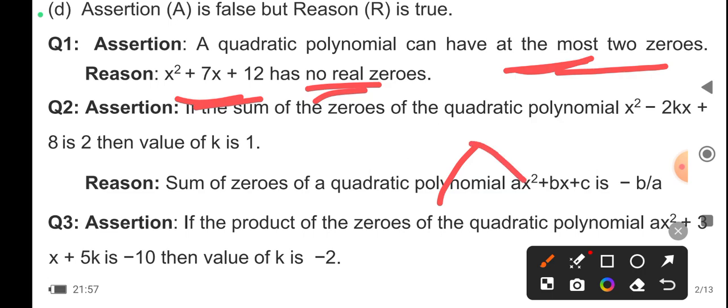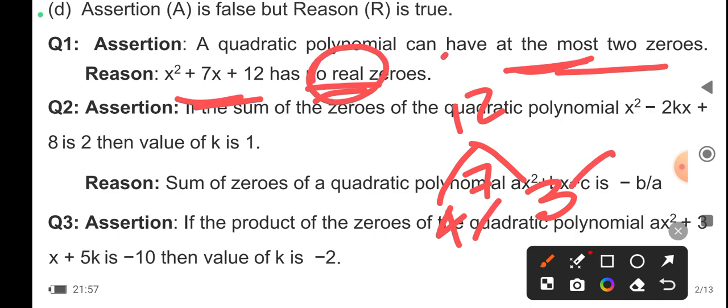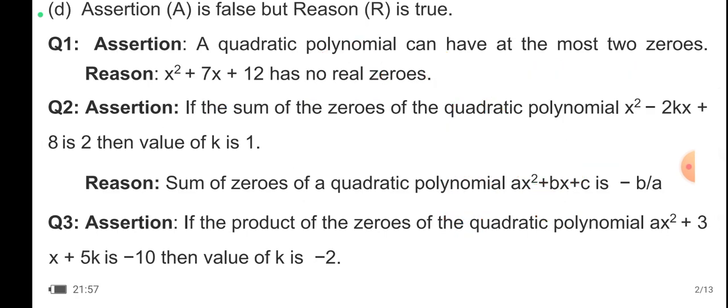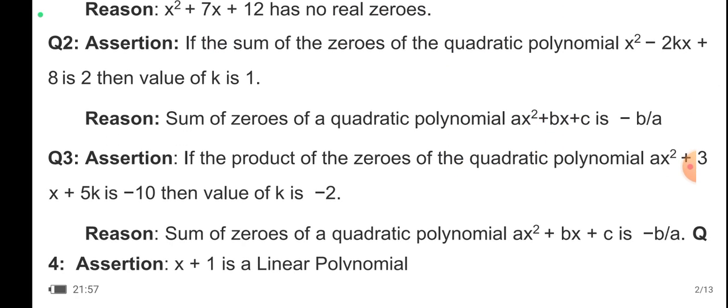You take two numbers whose product is 12 and sum is 7. 4 threes are 12, so both are real numbers. So no real zeros is wrong. So A is true, R is false. A is correct, R is incorrect. Option C.